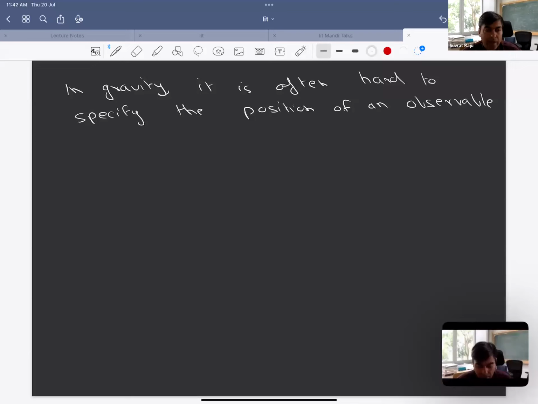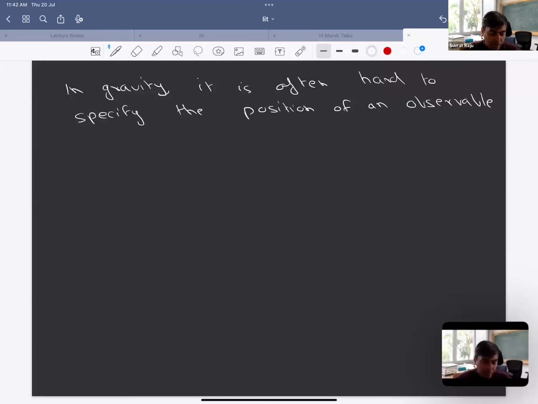And more than that, it might also happen that in a theory of gravity, we have to contend with the fact that the spacetime itself might be fluctuating, and in some cases might be fluctuating significantly. And therefore, this region R itself might in some states not even have a well-defined geometric meaning. Okay? And so it's not so convenient, often in gravity, to speak of algebras associated with local bulk regions R. I'll try and describe maybe at the end of the lecture tomorrow how this can sometimes be done.